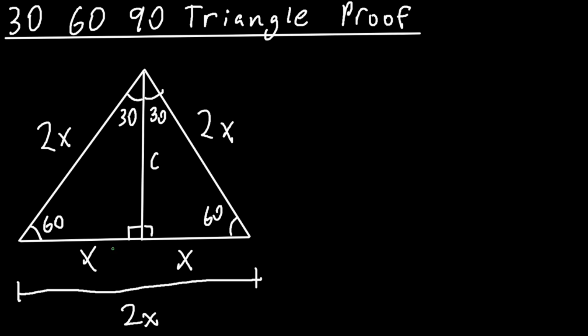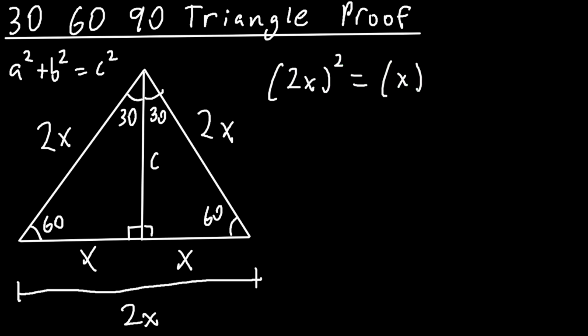The Pythagorean theorem is a squared plus b squared, the two legs squared, equals the hypotenuse squared. Our hypotenuse here is 2x, so 2x squared equals x squared plus c squared.